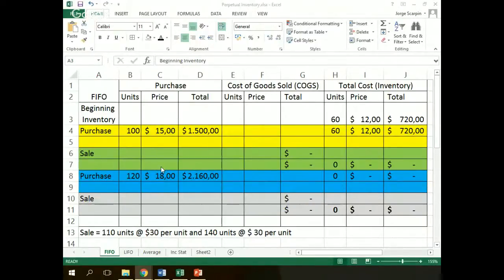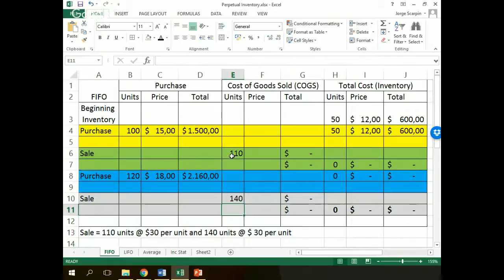So we have an example of beginning inventory, 50 units. And we have two purchases, 100 units the first one, 120 the second one, and two sales, 110 on our first sale, 140 on our second sale.